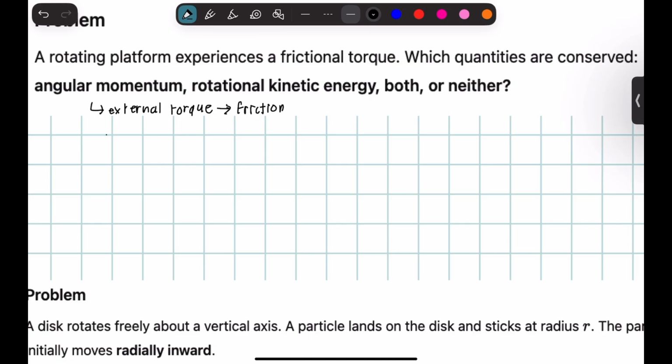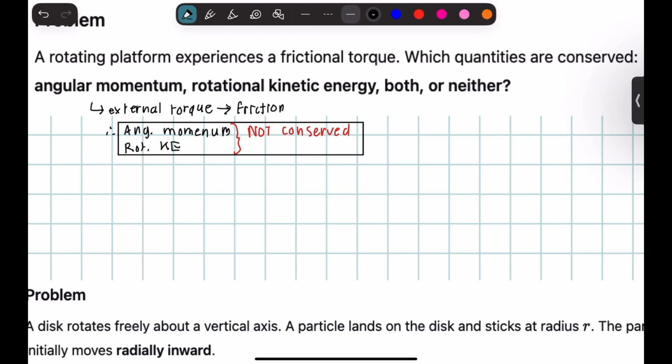So therefore, we know that angular momentum and also rotational kinetic energy are both not conserved because of the external torque. So neither of them are conserved. Neither.